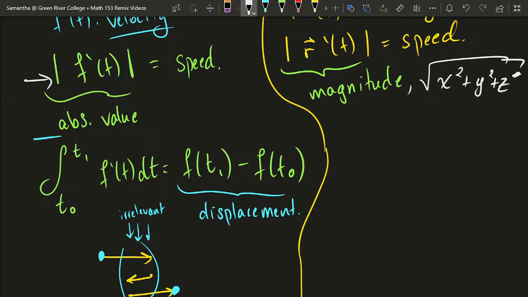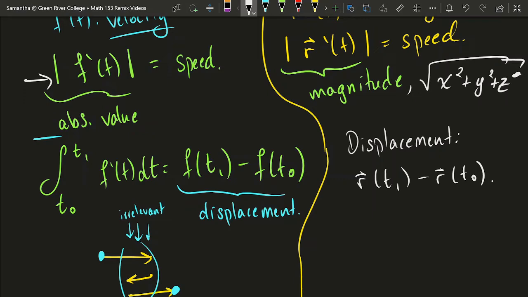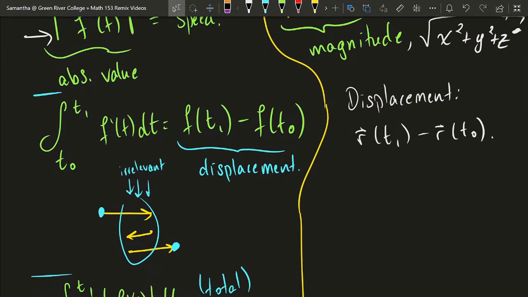In this case, the displacement would be the vector stretching from the initial position of the object to the final position of the object. And if you calculated the length of that vector, you would be able to figure out how far apart is the initial position from the final position.